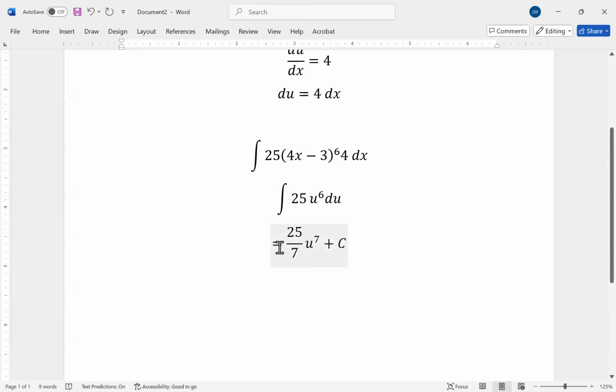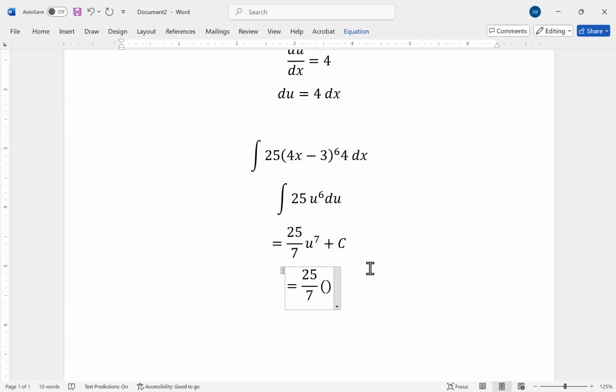Now, this is my answer if I wanted to keep u as my variable. But since my original integration started with having x as the variable, I'm going to change it back so that the antiderivative is with respect to x.